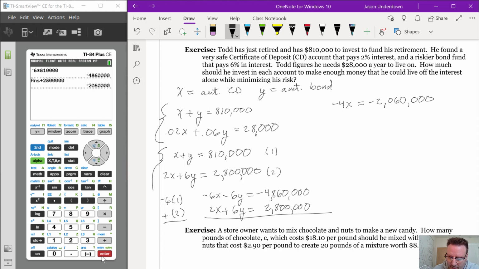Okay, I want to divide both sides by negative 4, so I hit divide by negative 4, and I get 515. So x equals $515,000.